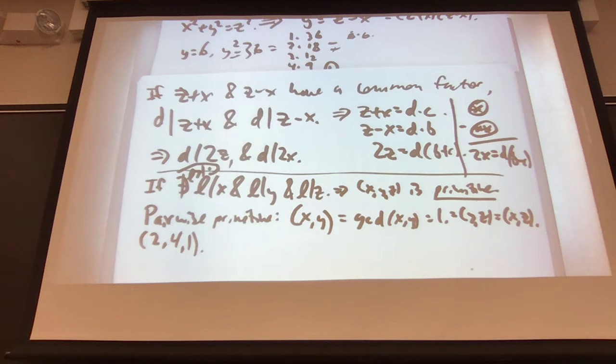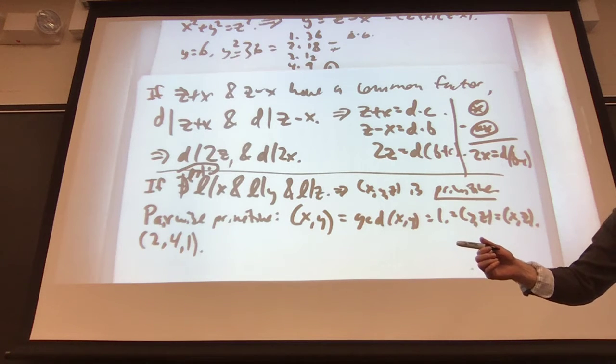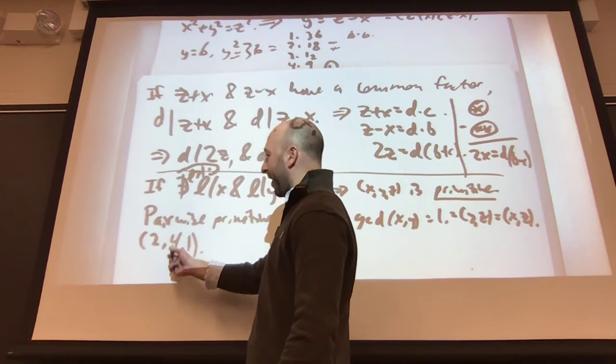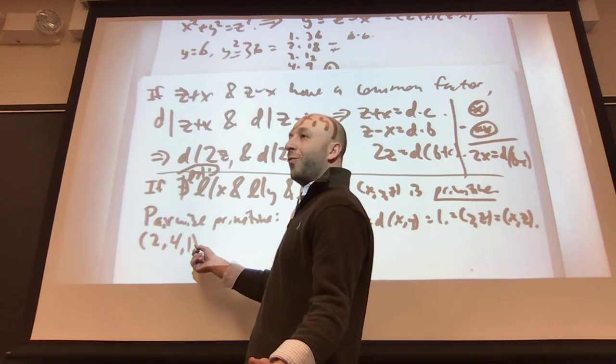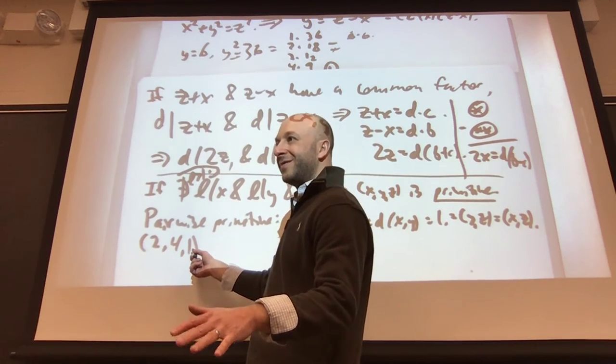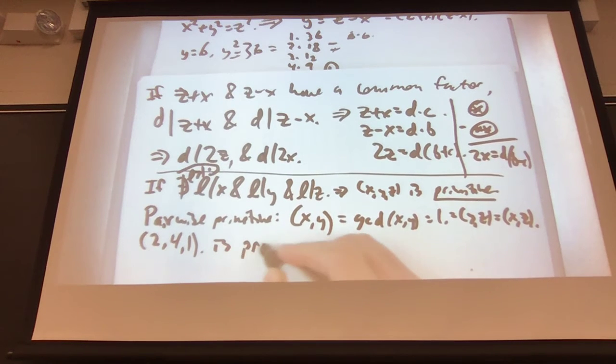That's a triple. Is that triple primitive? There's no number that's going to divide x and y and z because there's no number other than one that divides z. So it's automatically primitive. Right? This is primitive.